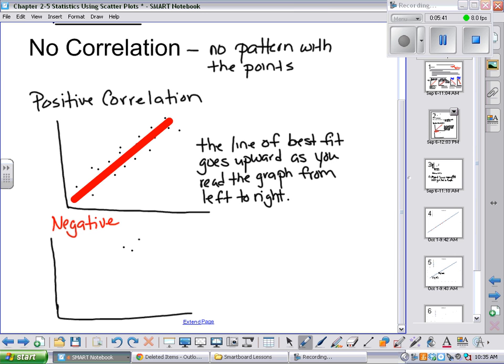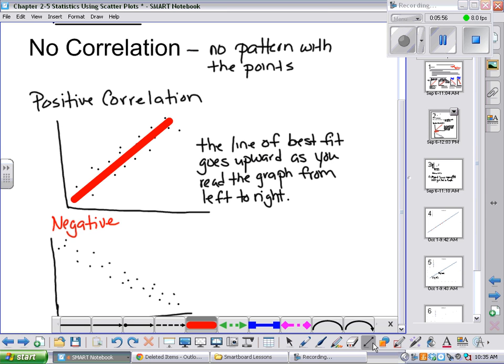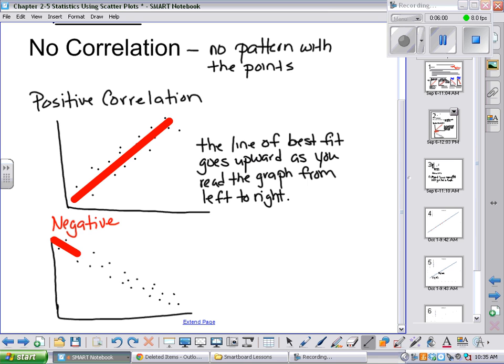Oh, sorry, I just started drawing dots. All right, so for this one, notice how my line seems to be going downward.